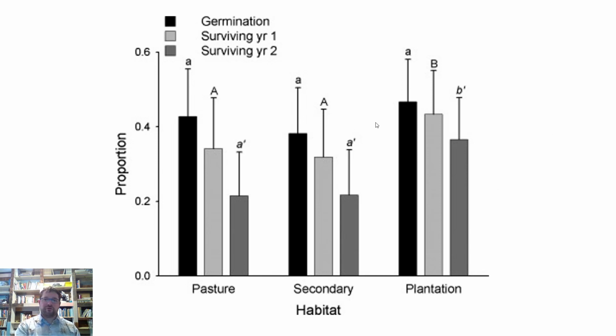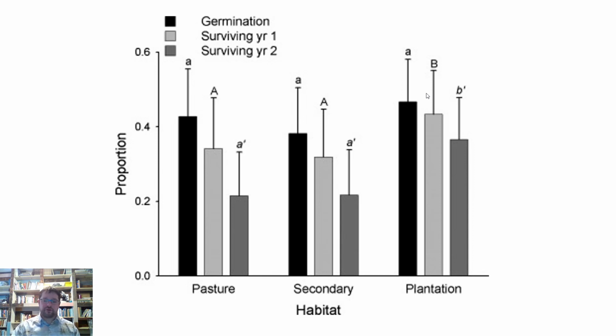That's one of the reasons to do it. Your drop off from germination to surviving 2 years, it's much less. Maybe 10% drop off. That's a huge deal when you're talking about planning for the future.